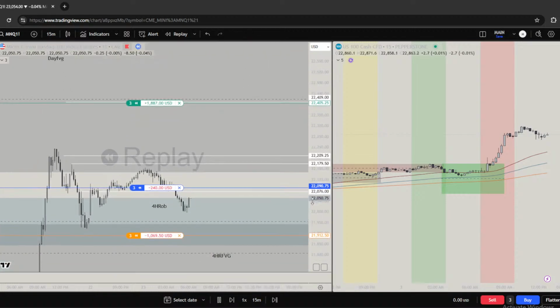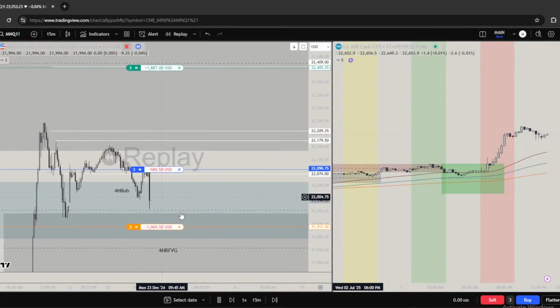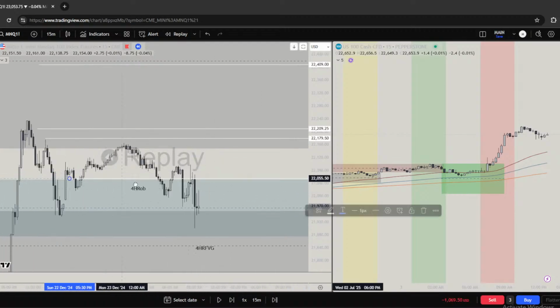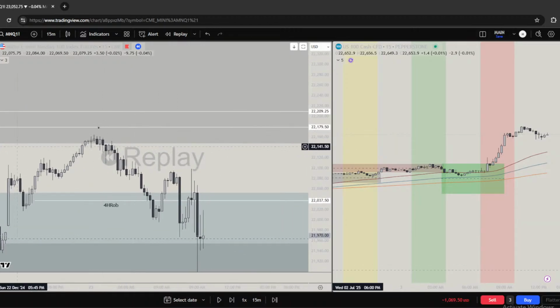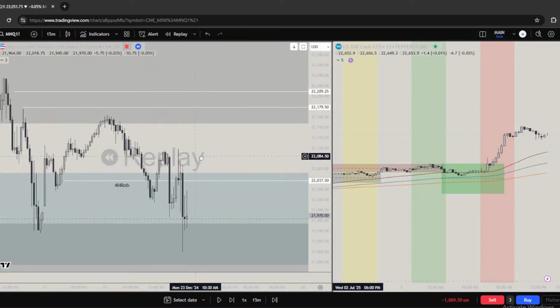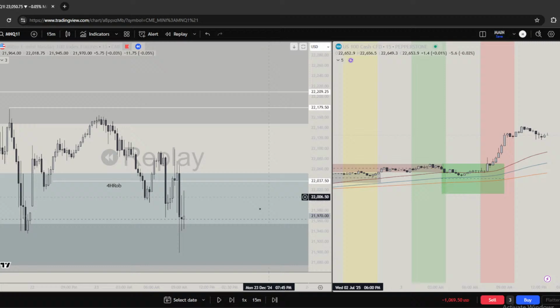So price came up here, then it came back down and retested. Damn. Okay. So price came up, acted like it was gonna hit my TP1, came back down, retested, came back up, then wicked us out.